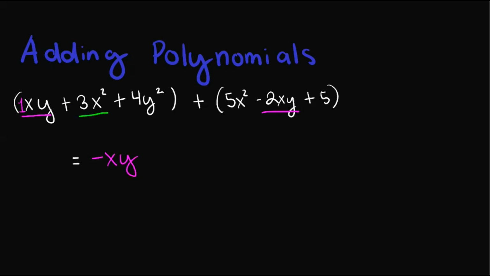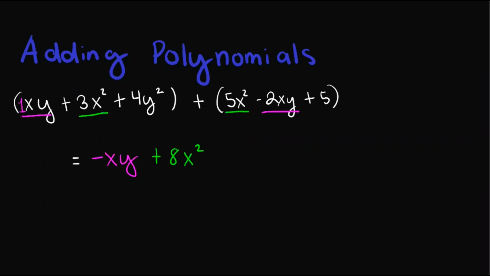Its like term on the next polynomial is 5x squared. So adding that would give us 3 plus 5, which is 8x squared. So again, that is how we add the terms. We just simply add the coefficients of those variables.